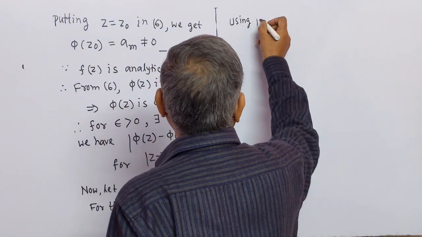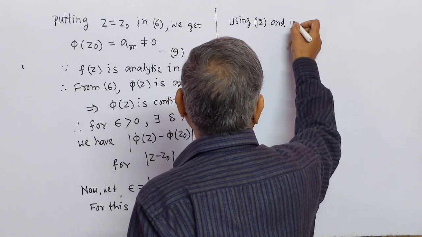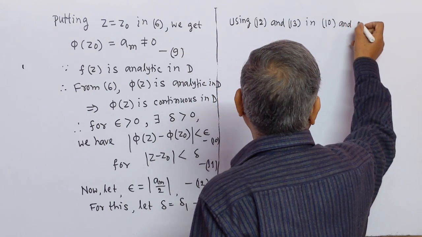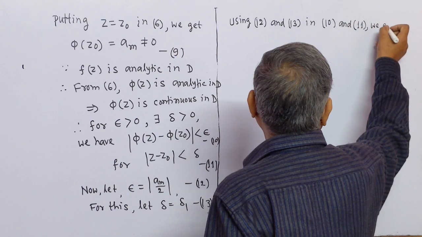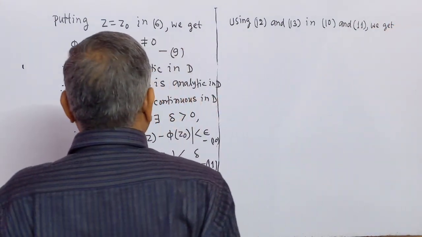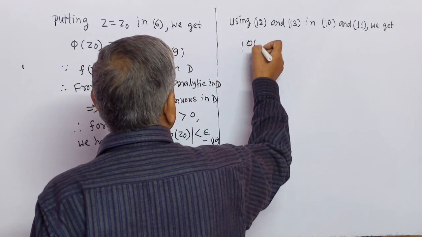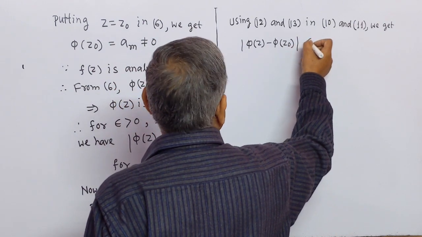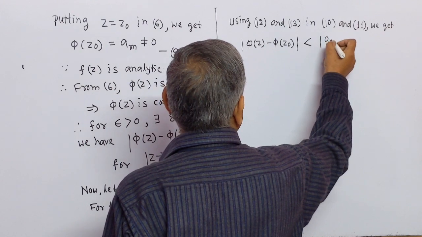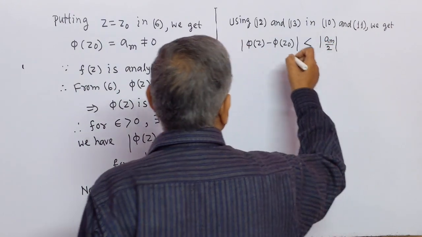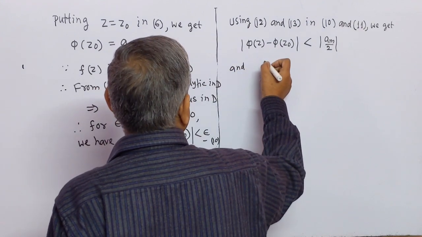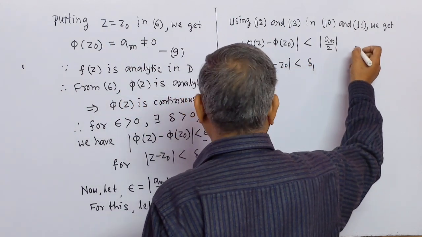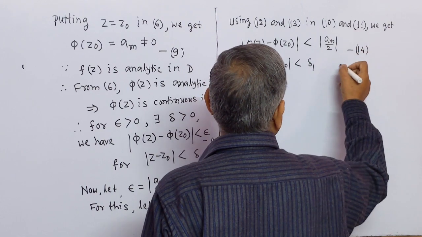Using 12 and 13 in 10 and 11, we get modulus of f(z) minus f(z0) less than modulus of a_m by 2 and modulus of z minus z0 less than delta 1. This is number 14. This is number 15.